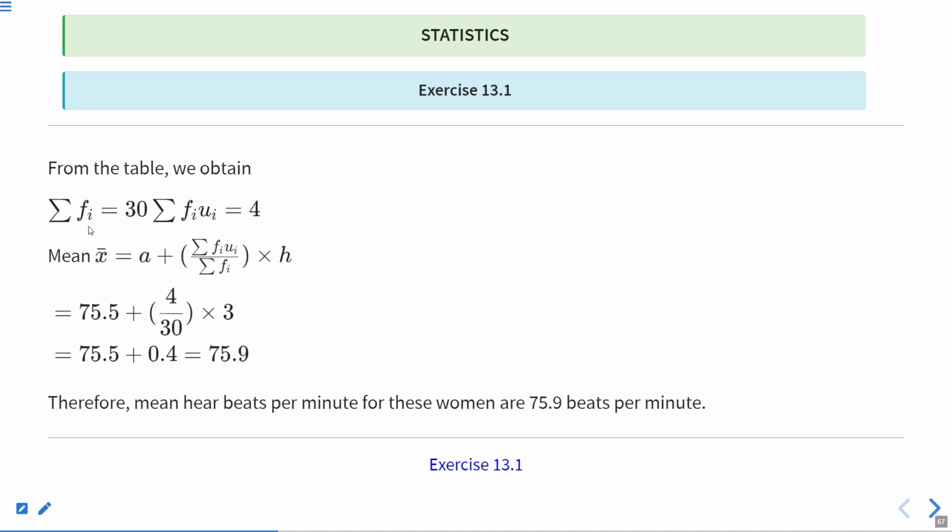So the mean x bar is 75.9, and therefore the mean heartbeats per minute for these women is 75.9 beats per minute.